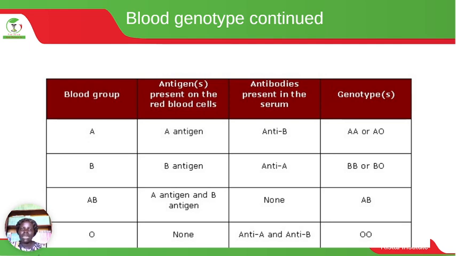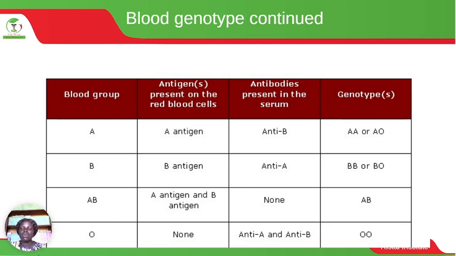This person portrayed as having blood group A has in his blood either AA or AO.